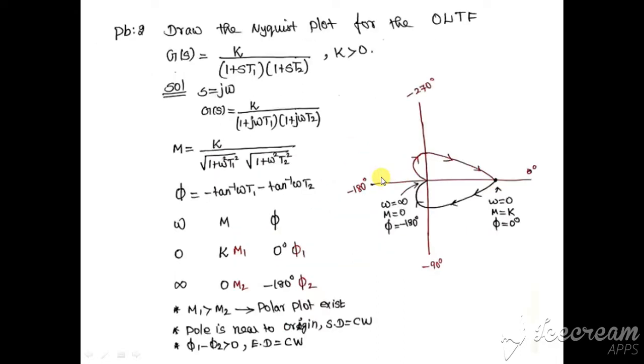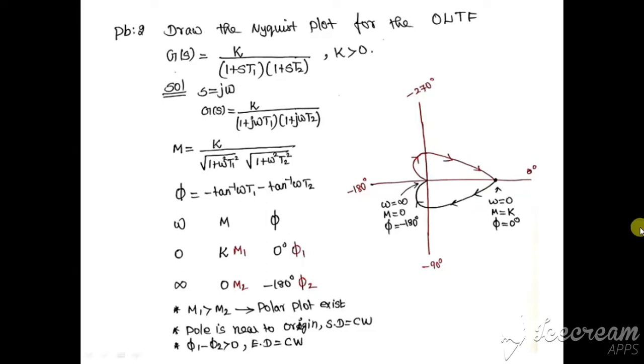So now move to the next problem. Draw the Nyquist plot for the open loop transfer function given. So again first step is to draw the polar plot for this particular function. We get the polar plot, this black color, starting from omega is equal to 0 to omega is equal to infinity. So now we need to draw the mirror image with respect to real axis.